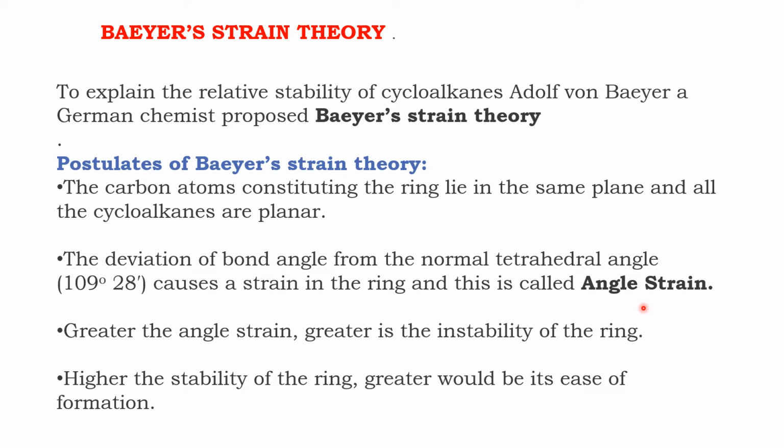The third postulate says that greater the angle strain, lesser the stability, or greater the instability. For any cycloalkane, we could compute the angle strain, and greater the angle strain, that cycloalkane will be less stable.